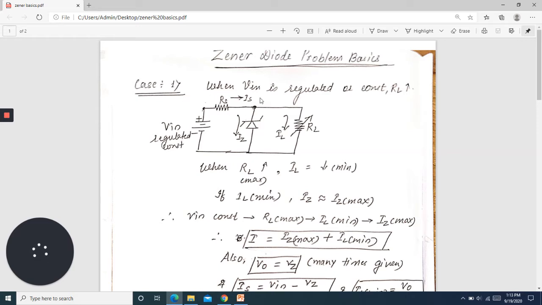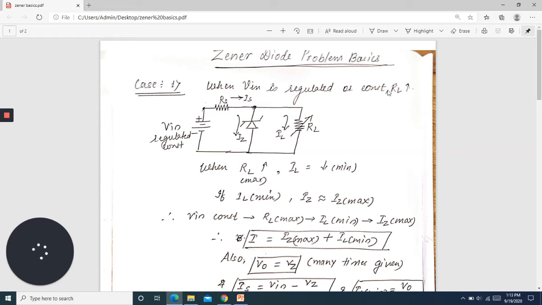This is case 1, when Vin is regulated, or when the resistance RL is constant. We will be discussing the case when Vin is regulated, or constant. If in the problem you find that Vin is constant, then there will always be changes in the value of the load.